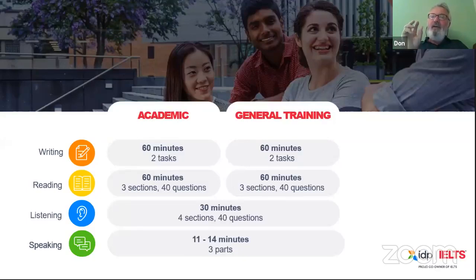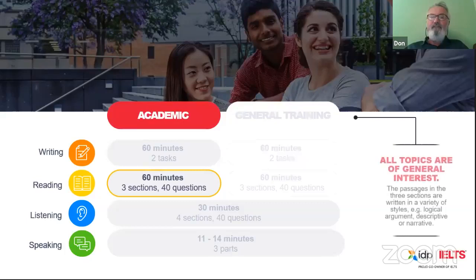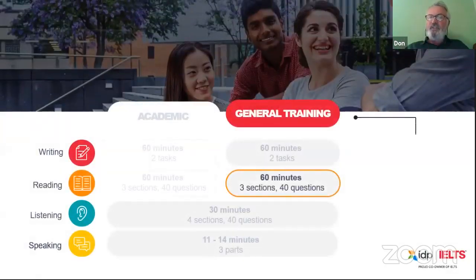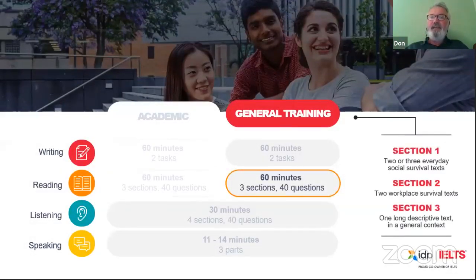Instead of having one passage of about 900 words in part 1, they might have 2 passages of about 400 words each. And those passages will be a list or a group of advertisements in general training, because the reading there is about your everyday life. 40 questions in 60 minutes in academic, 40 questions and 60 minutes in general training.